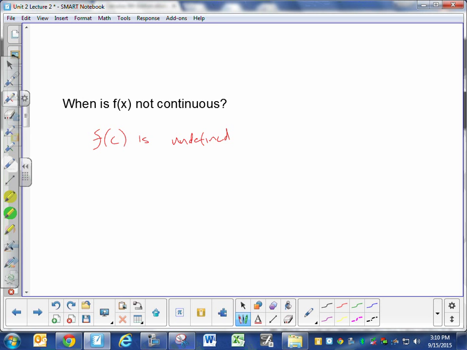Typically when you have a 0 in a denominator. But of course you have some trig functions that have discontinuities. Most functions are continuous everywhere though.